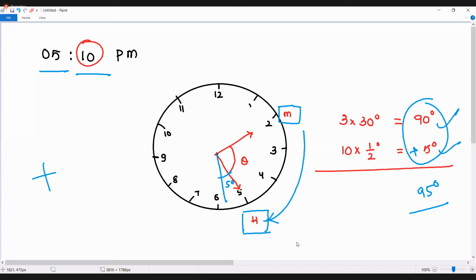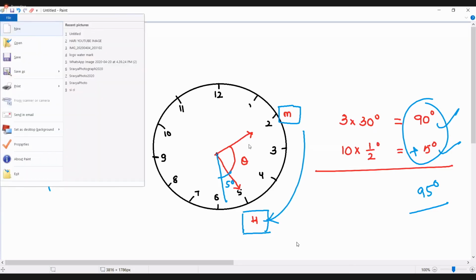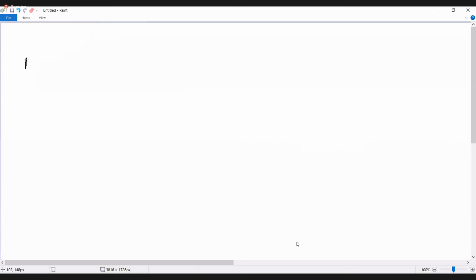There is no difference between any question. If you are going from M to H, you can add. If you are going from H to M, you can subtract. Whenever you just remember this basic point, that will be enough.